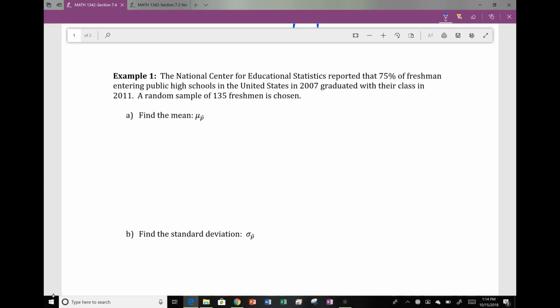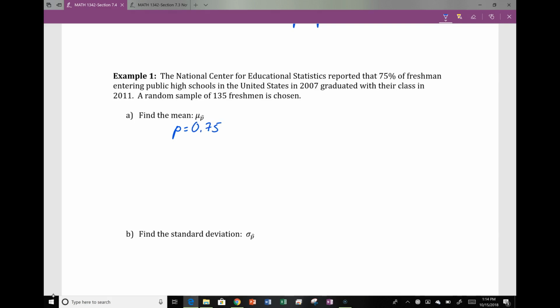We want to find the mean. We know the proportion of students that actually graduated was 75% or 0.75. We looked at a sample of 135 freshmen, and we want to know the proportion of these that will actually graduate with their classmates.